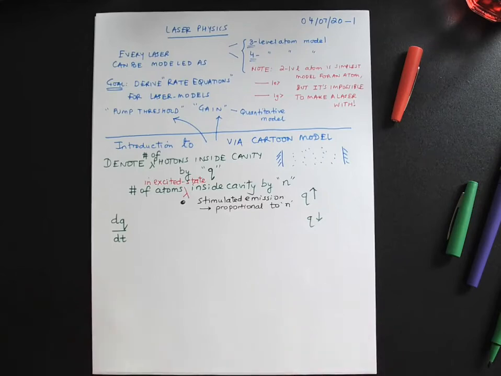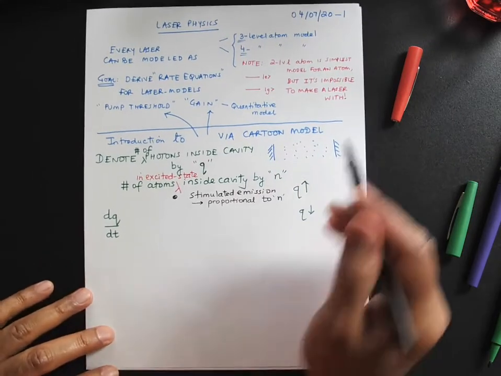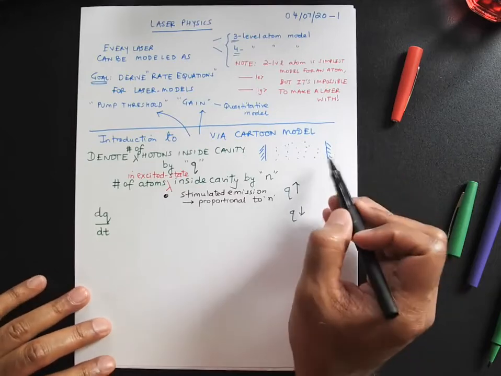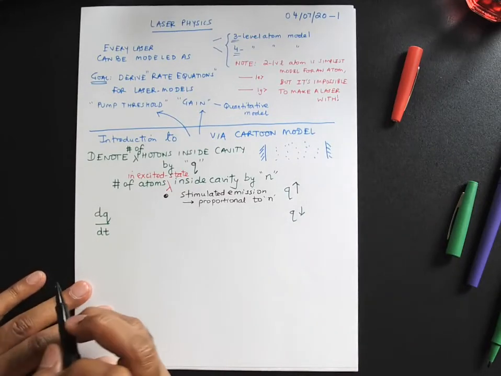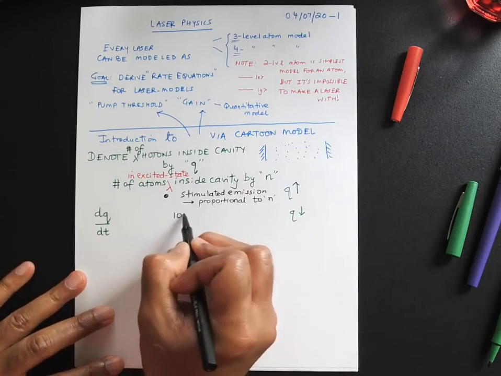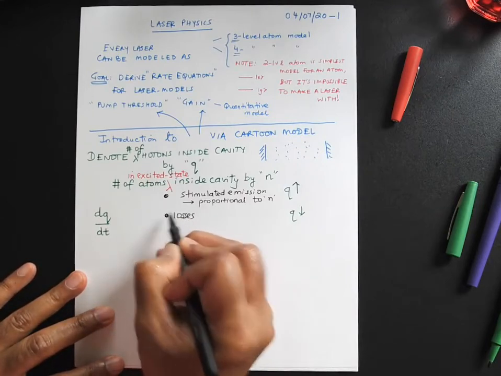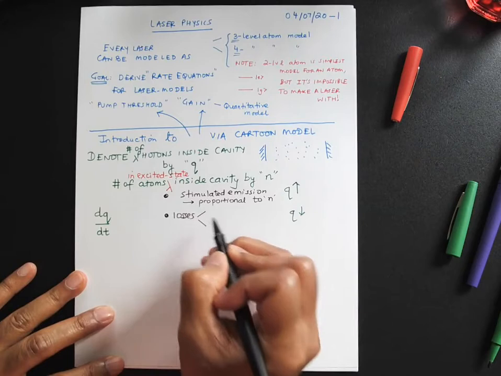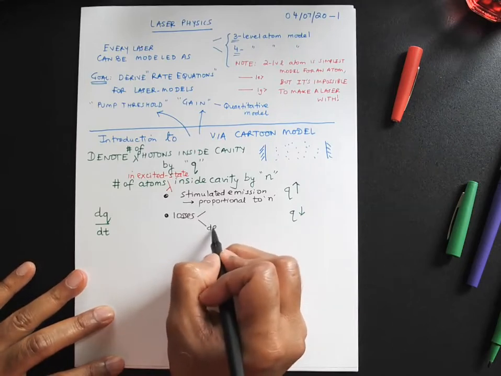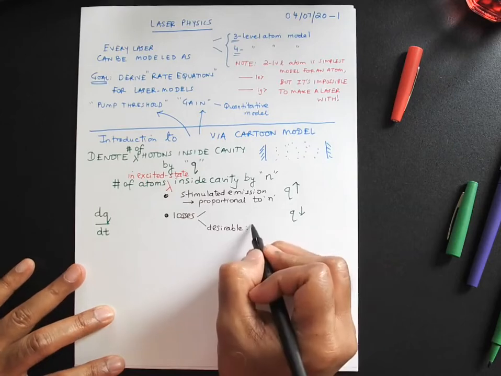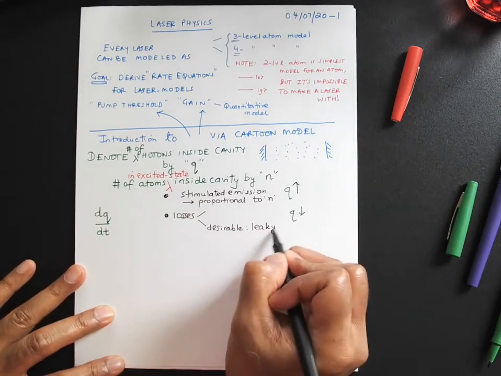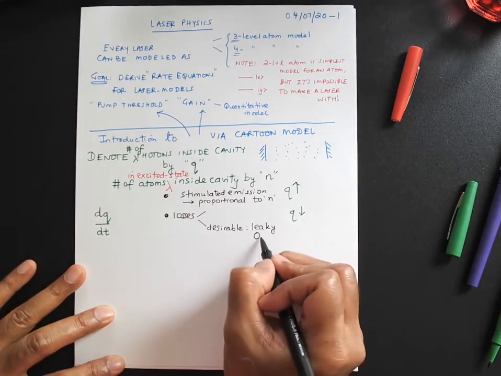You can have some desirable loss also, meaning good loss, for example, when you make the output coupler leaky, right? So you have losses, and then there is the desirable loss, which is the leaky output coupler.